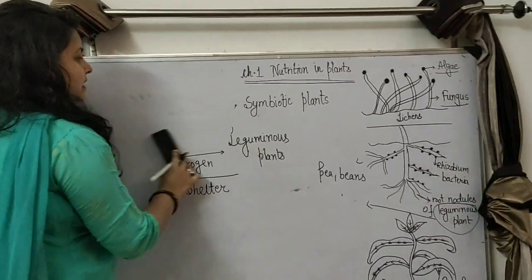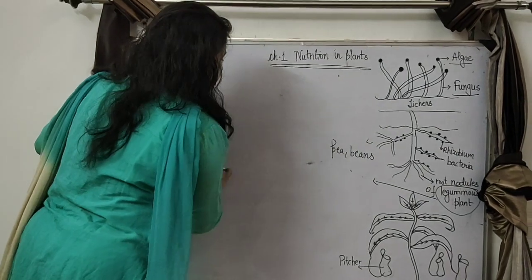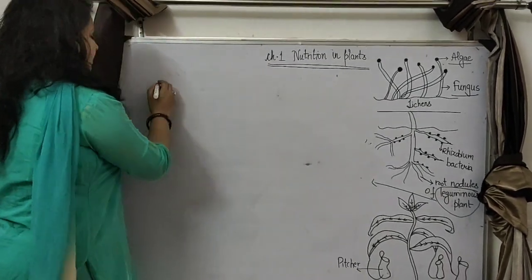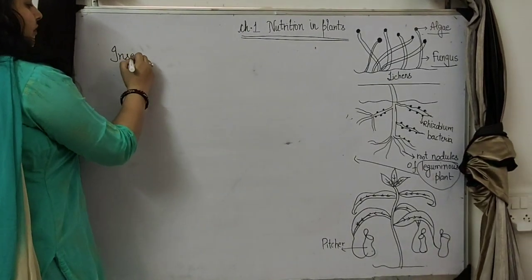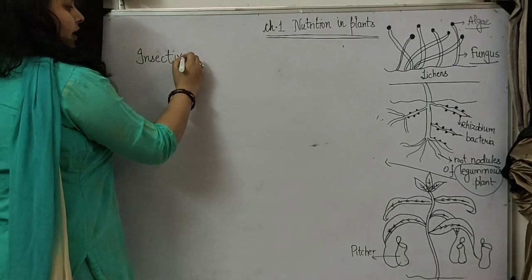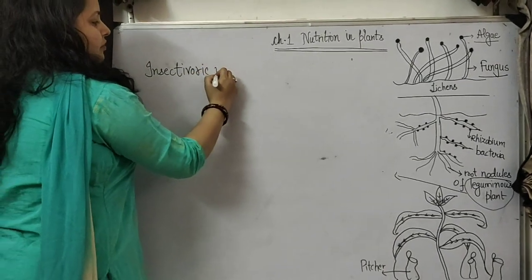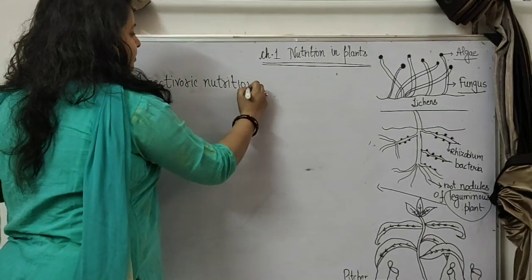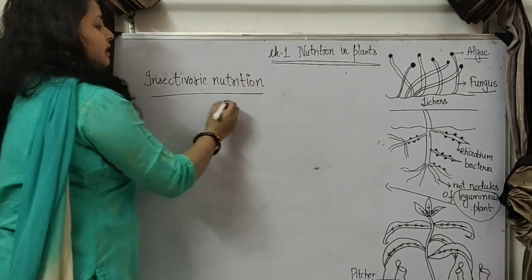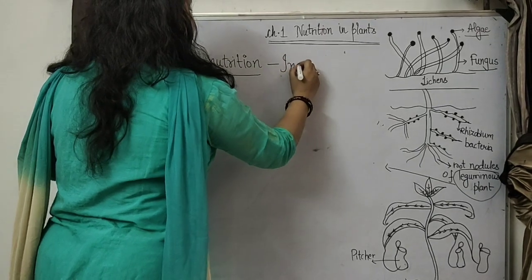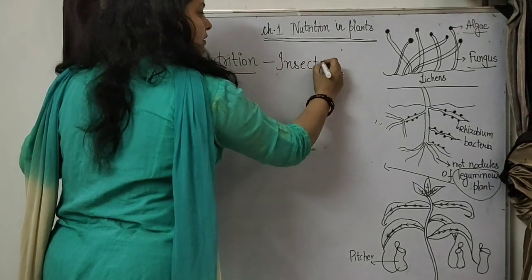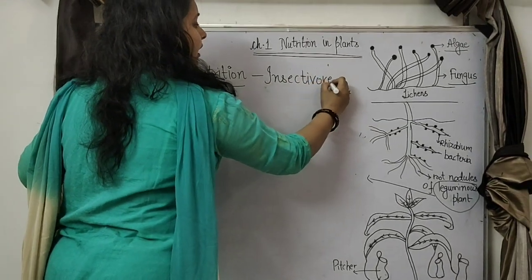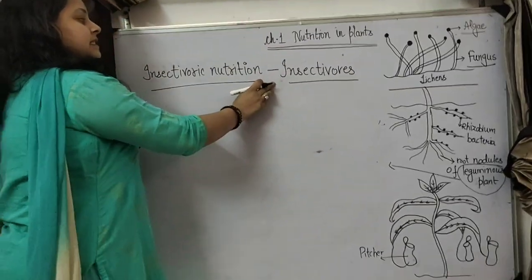Now, second nutrition for the day is insectivoric nutrition. My dear students, this type of nutrition is basically shown by whom? Insectivores. Now, what are insectivores?